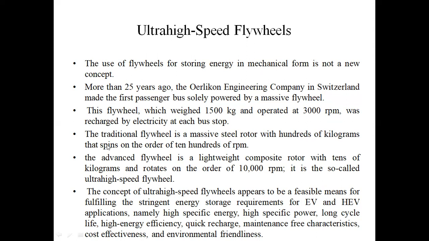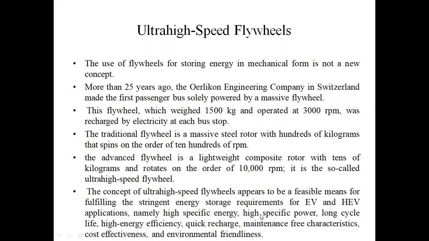Now the traditional flywheels operate at thousands of rpm. The concept of ultra high speed flywheels appears to be a feasible means of fulfilling the finite energy storage requirements for electric vehicle and hybrid electric vehicle applications, namely high specific energy and high specific power.